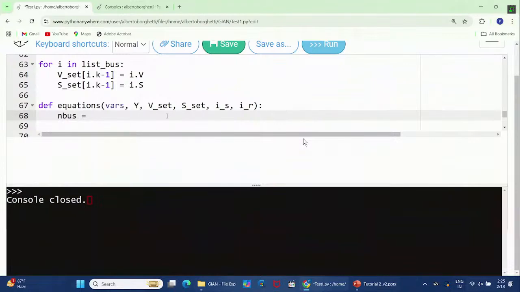So I will put len. Len is the length, how many components are in vars. And I would like to divide by 2. But then Python wants to be sure that n_bus is an integer number, because we will use it as an index. If the number of vars is 5, divided by 2, it is not an integer.